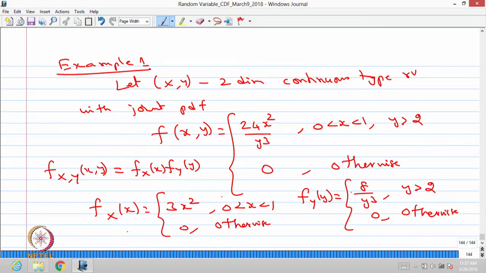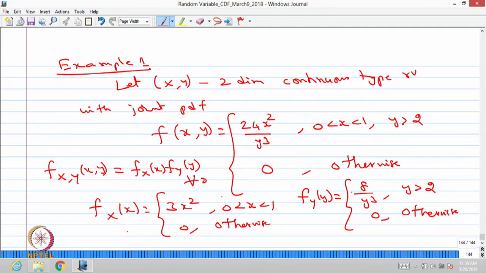Not only that, the range of 3x square is 0 to 1, and for 8 divided by y cube the range is y greater than 2, which is the same as if you make a product, that is 24 x square divided by y cube, and the range of x is 0 to 1 and the range of y is 2 to infinity. That is the same as the joint probability density function of 24 x square divided by y cube when x lies between 0 to 1 and y is greater than 2. So, the interval matches and the value matches, 0 otherwise matches.